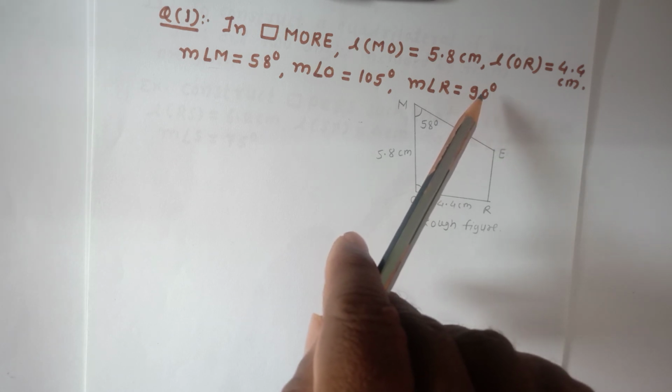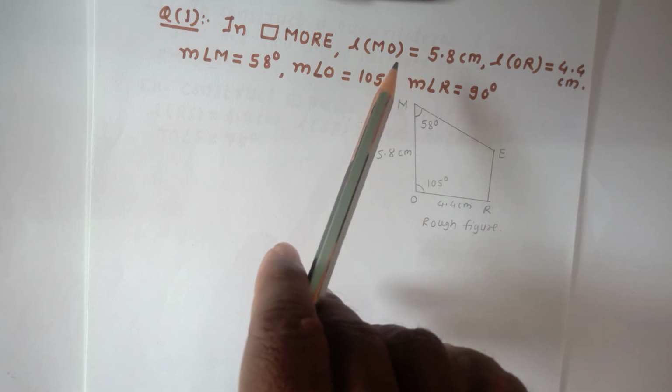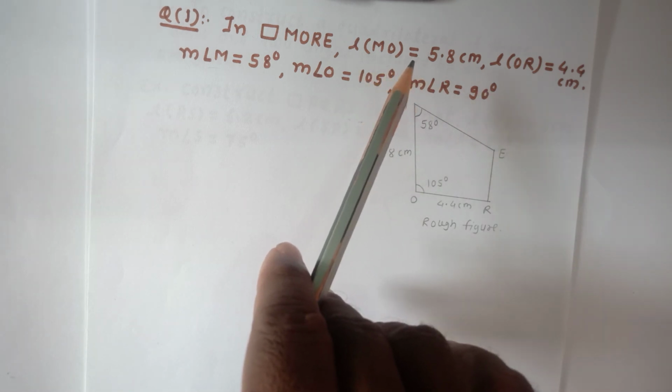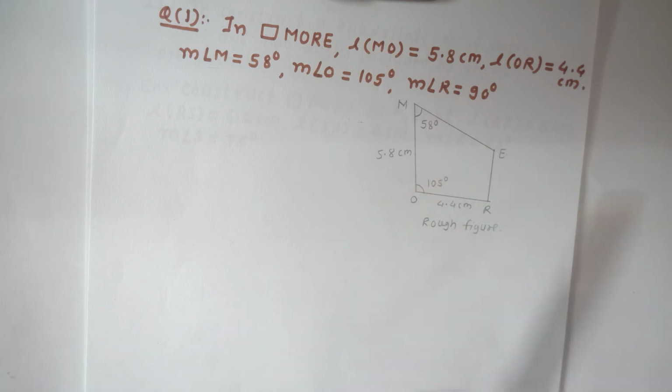Therefore in this example also two adjacent sides of quadrilateral are given and any three angles are given. At first draw the rough figure.